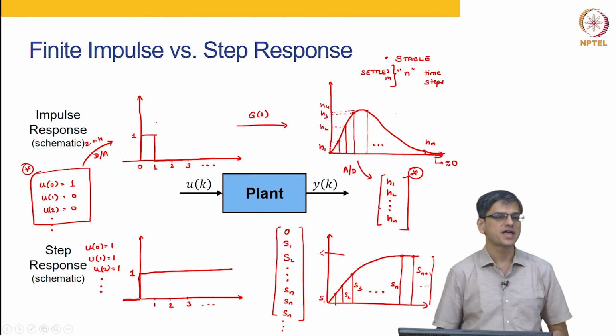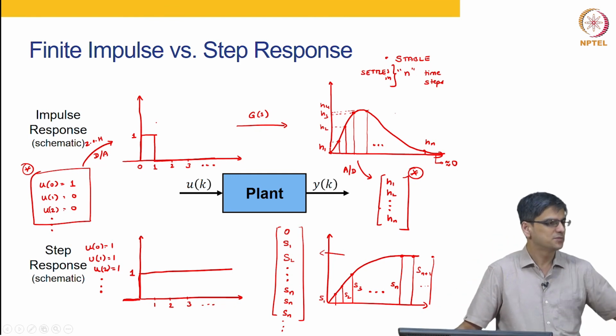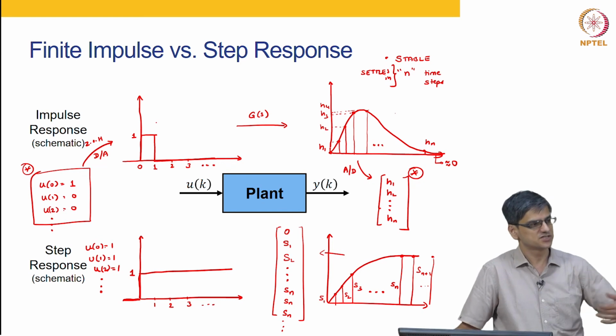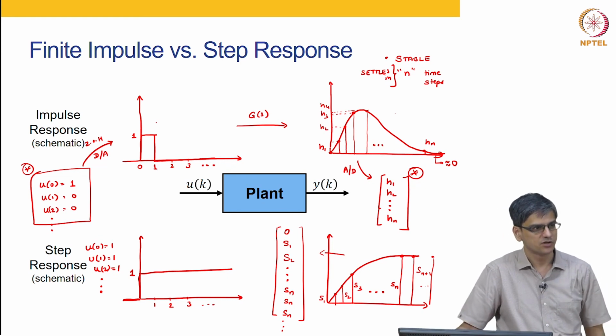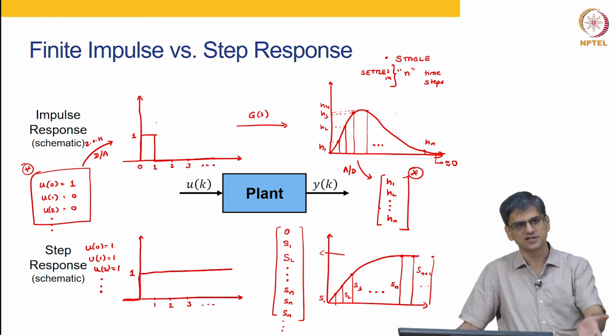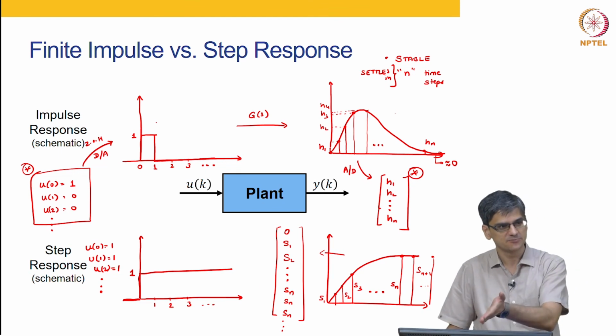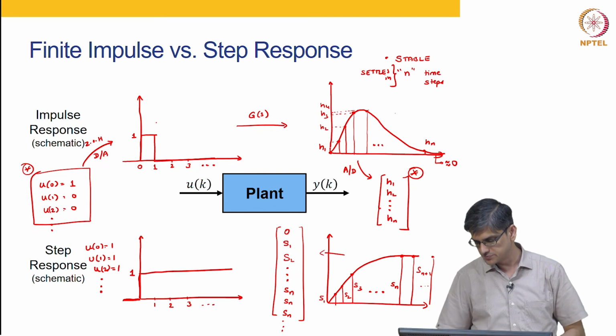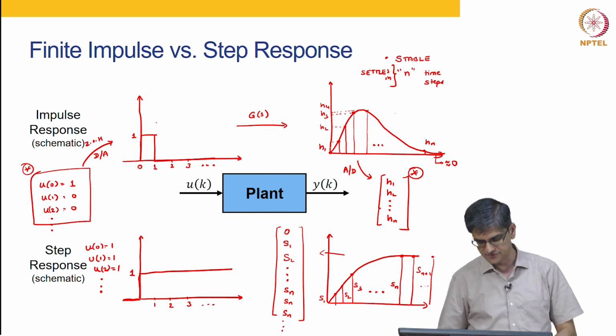Again, they will not be exactly equal to Sn. It will be say 99% of Sn, 99.5% of Sn, 99.7%. So, Sn would be 99.5% of the steady state value, the next one will be 99.6% of the steady state value, the next one will be 99.7% of the steady state value. So, it will not be exactly completely flat.